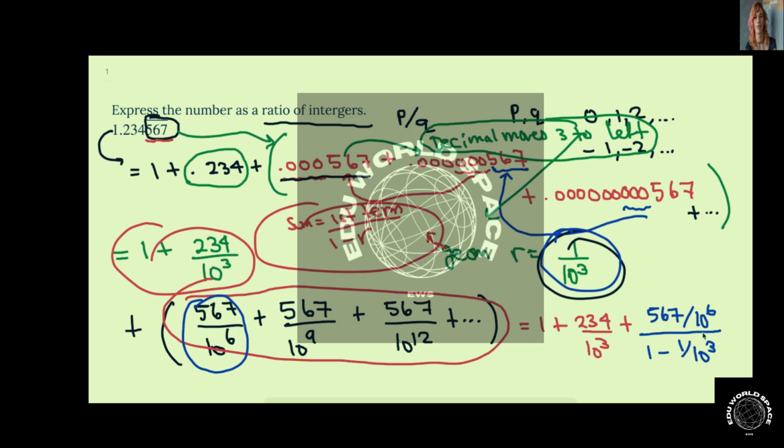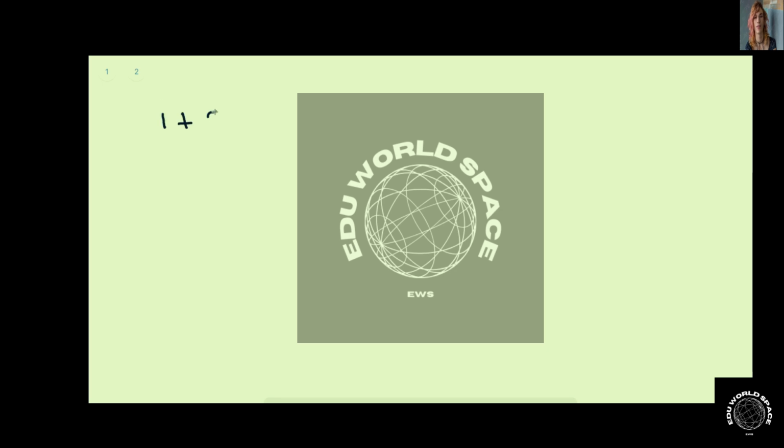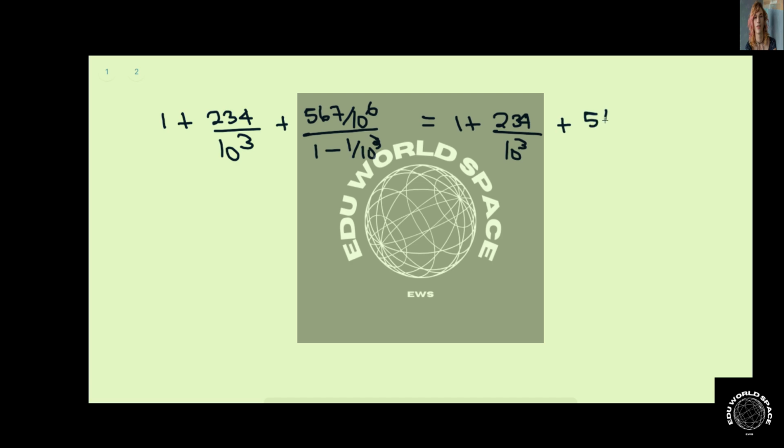Now, since I am running out of room here, let me go ahead and write this on the next page. We have 1 plus 234 over 10 cubed, and then 5, 6, 7 over 10 to the 6th, over 1 minus 1 over 10 cubed. We could go ahead and just rewrite the first two. And then we can rewrite this, get a common denominator there.